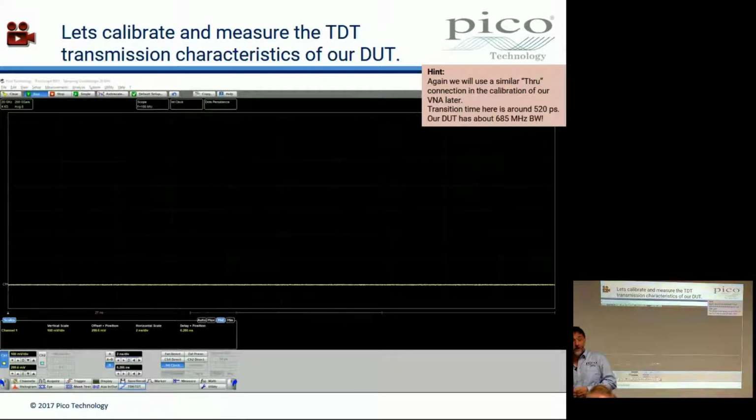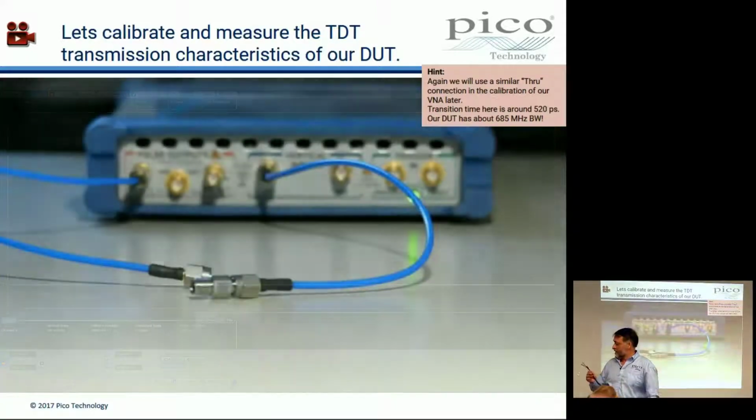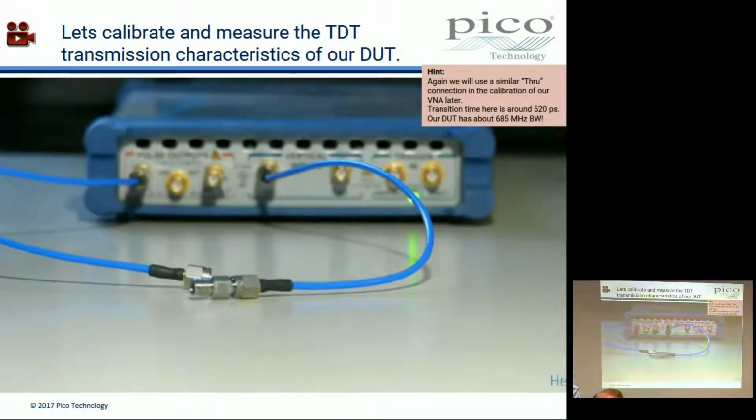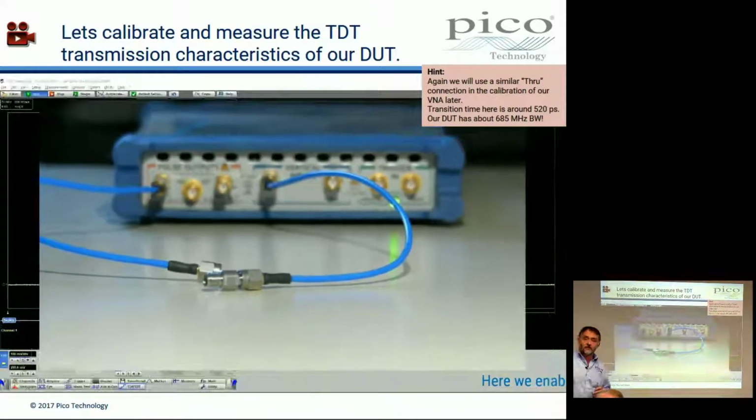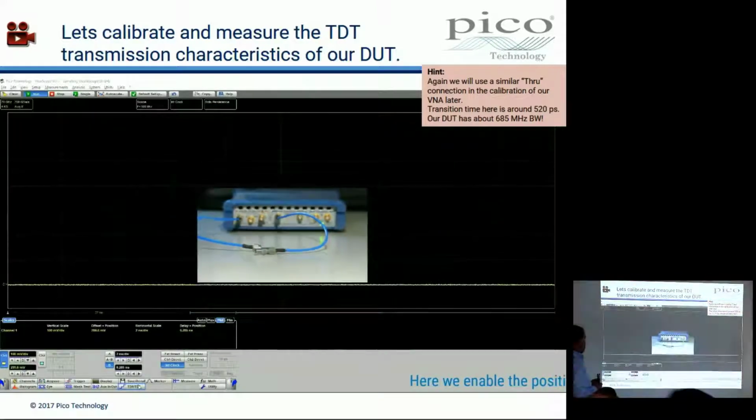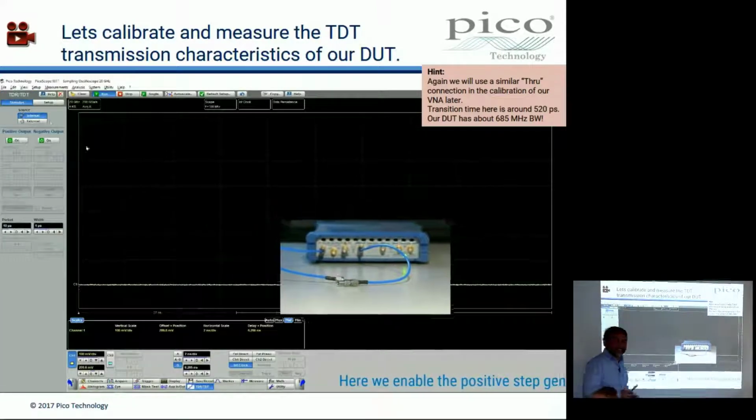Now, same thing, I'm going to do a calibration and a measurement of TDT. This time, what I need to do is measure the signal going through the device. Let's do that. It doesn't take quite so long to calibrate for this.